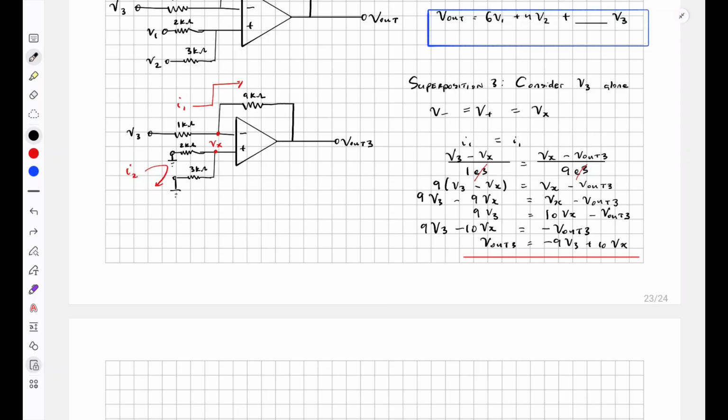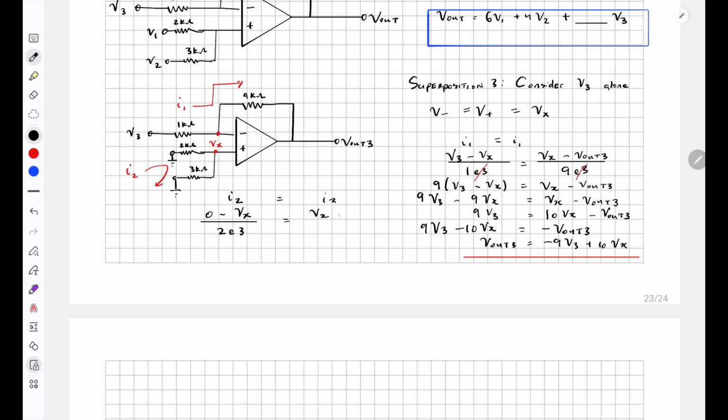You can define I2 as this voltage minus this voltage divided by this resistance, which is 0 minus Vx divided by 2 kilo ohms. In the same way, you can define I2 as flowing in the clockwise loop, this voltage minus this voltage divided by that resistor.